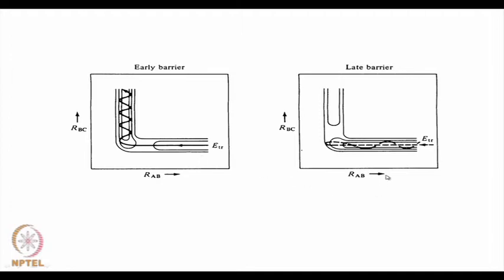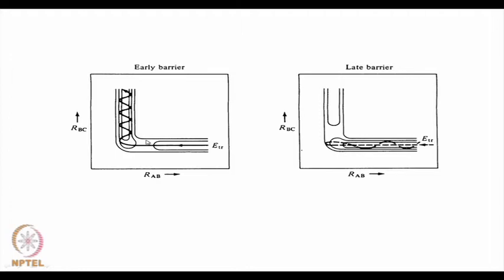But the other situation could be if the barrier is somewhere at a later point. Okay. So, what will happen in that case? In that case, it is a repulsive release, okay, and barrier in the exit channel. Okay. So, the earlier one is called your attractive release.